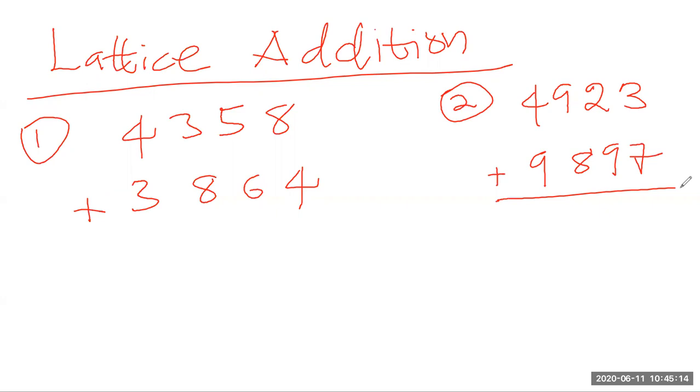Now, the lattice addition, what you do is, first of all, before you do that, you do something like this. You draw this rectangular shape, and you assign each column a single space, okay? Is that okay?